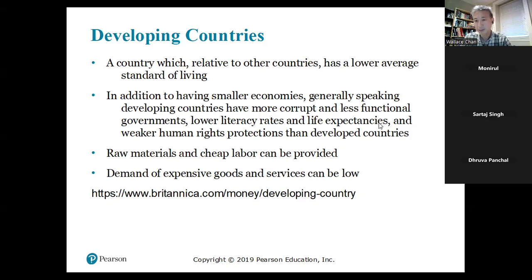Life expectancies tend to be short and there are weaker human rights protections than in developed countries. However, as said, raw materials, natural resources, and cheap labor can be provided. We do not expect demand of expensive goods and services. So usually companies focus a lot on the cheap labor and the raw materials.